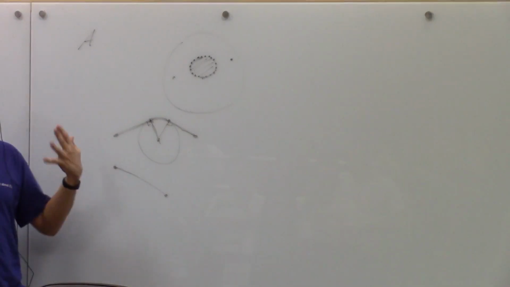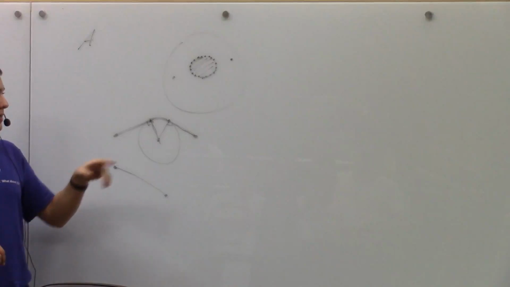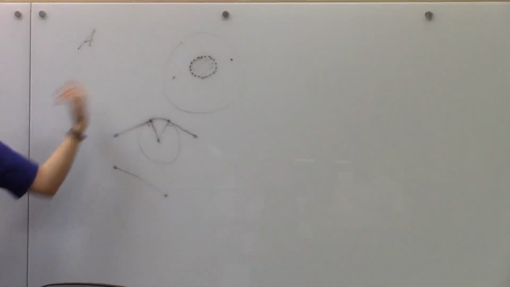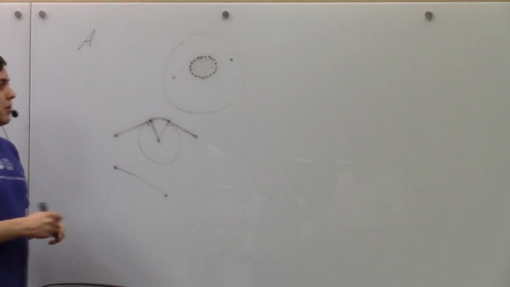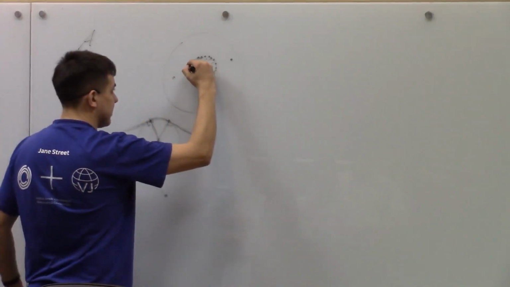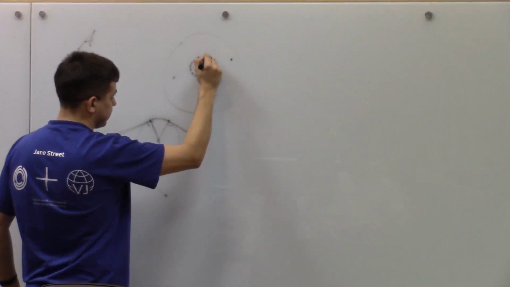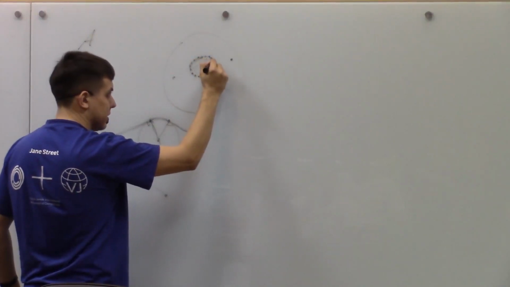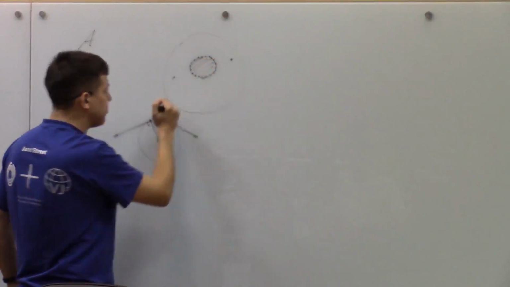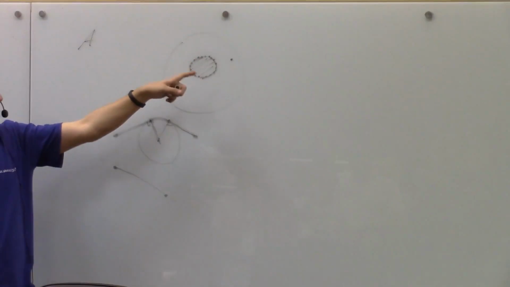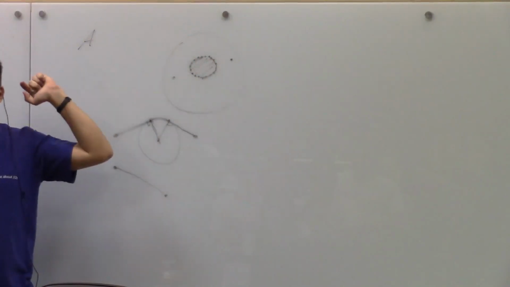So we're trying to find the shortest distance that goes from point A to point B and doesn't go inside the circle. Well, we'll draw edges between the adjacent points on the circle. And we'll also draw edges from the starting point to some points on the circle, from the ending point to some points on the circle.